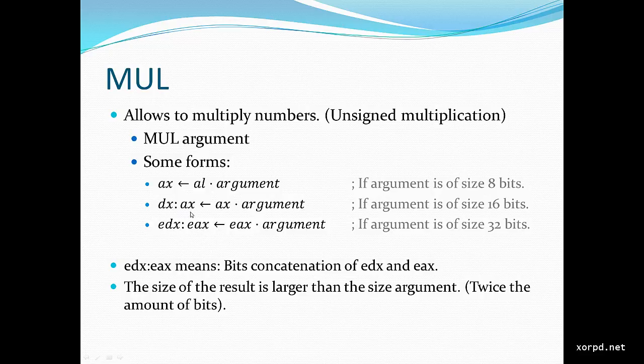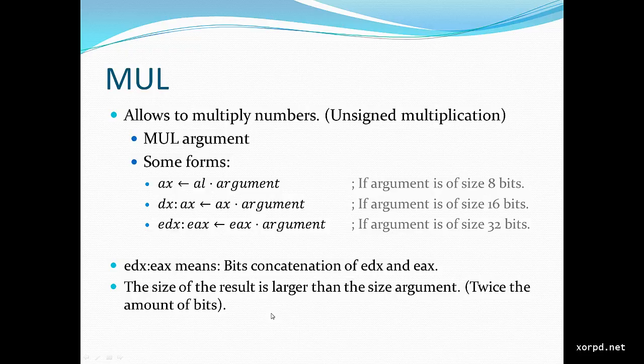This time the result is going to be stored in a place of 64 bits. Why is that? Because EAX is of size 32 bits and EDX is of size 32 bits. As usual, you should know that there is another form of 64 bits using the larger registers, but we are not going to speak about it now.